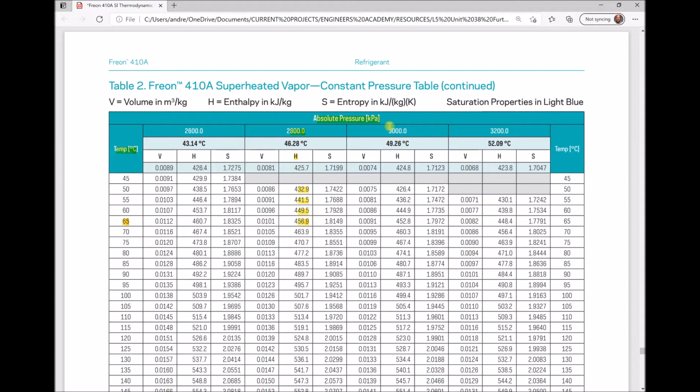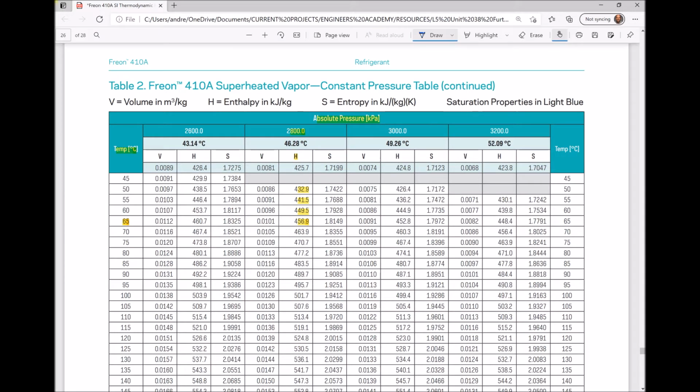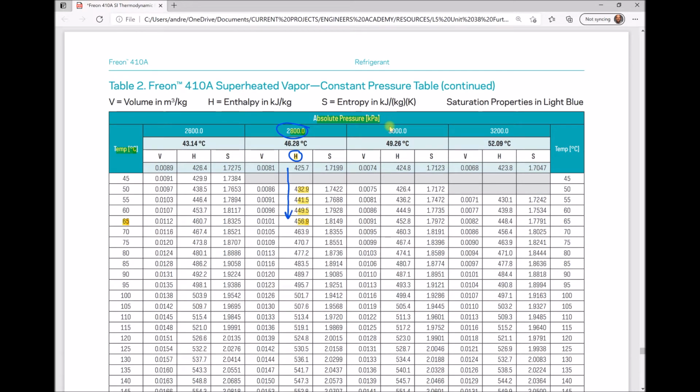Well, as you'll see here, there's only one value that corresponds with both that pressure and that temperature, and the enthalpy there is 456.9. So all we've done is we've taken our pressure, we're looking for an enthalpy value, so we know we're tracking down this column here.